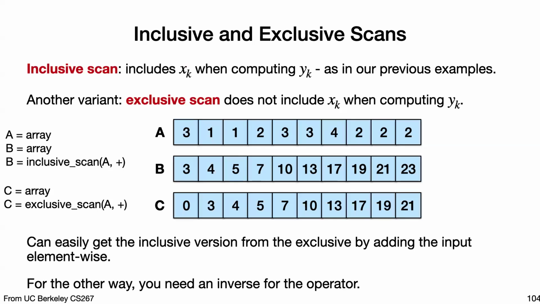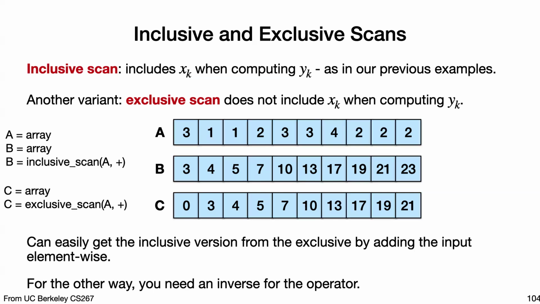So here, x sub 1 is 1, x sub 0 is 3, and then you add them up to 4. The exclusive version, you don't include x sub k. So this just starts with the identity. The exclusive version includes everything up to, but not including, the current position. And inclusive is everything up to and including the current position.